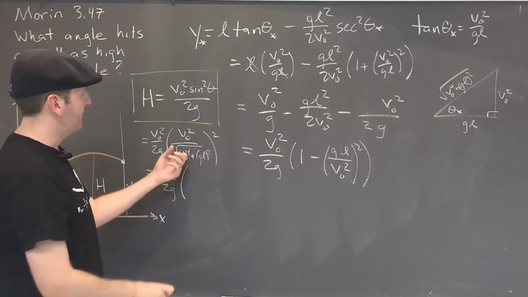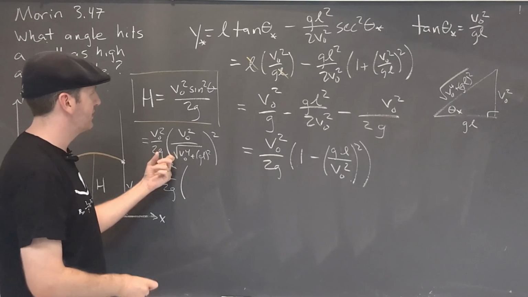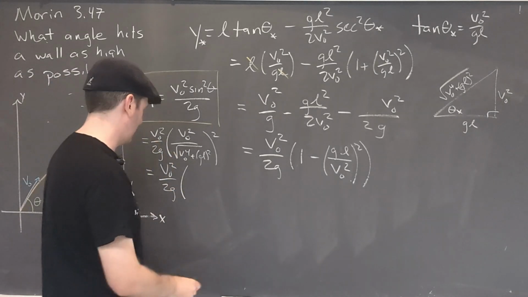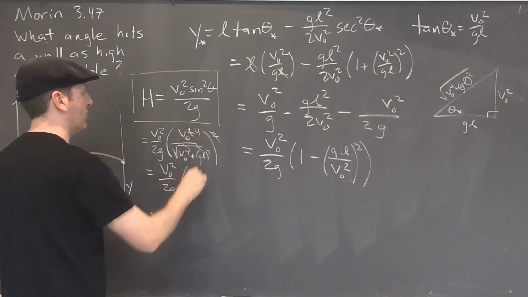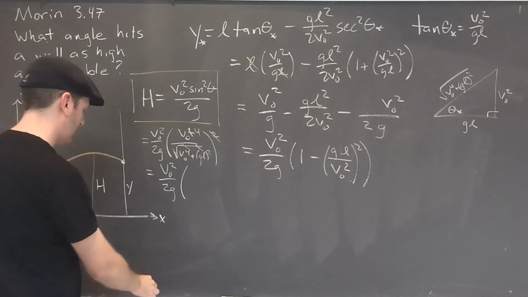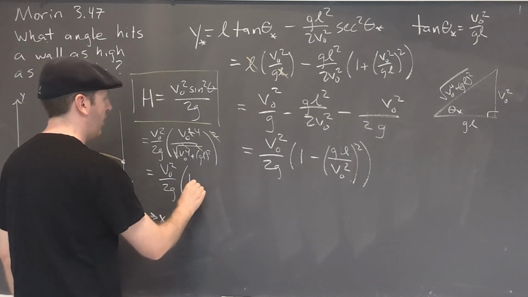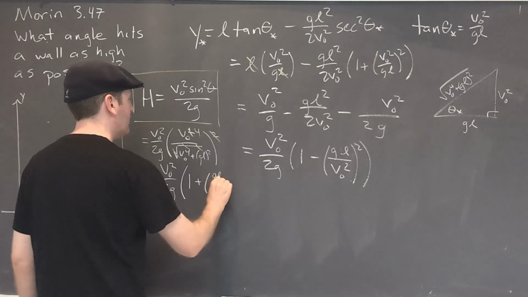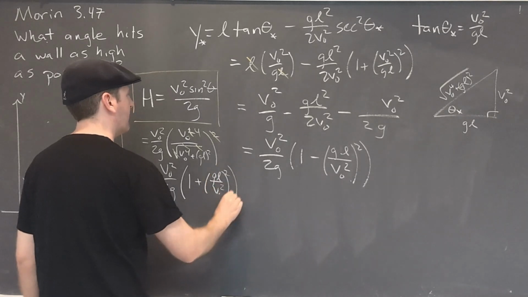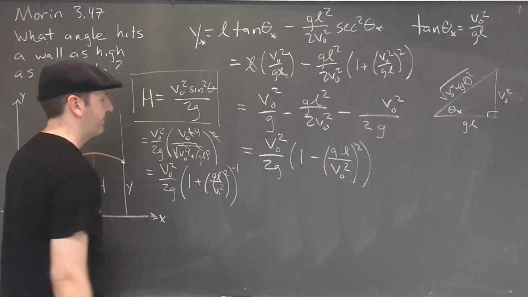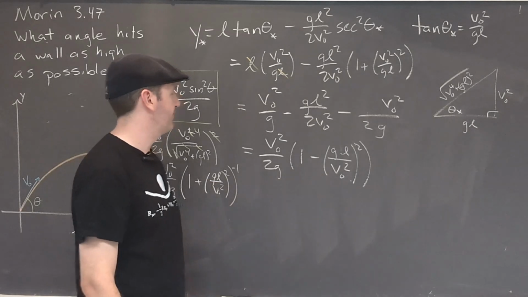And then if I factor out a V naught squared from this root, well, after canceling, the root is gone and this becomes a 4, I can pull that V naught to the 4th out, and I'll write this as 1 plus GL over V naught squared to the minus 1, just to make it look the same as this one.